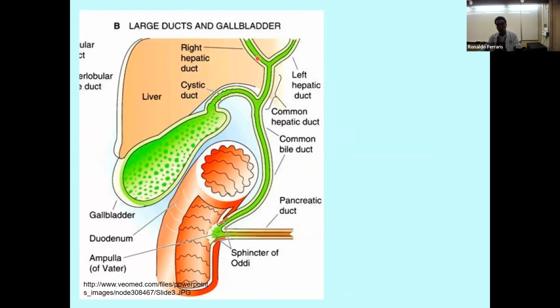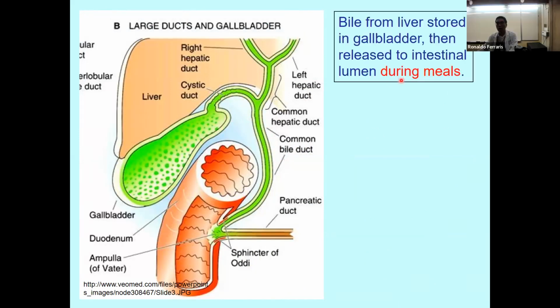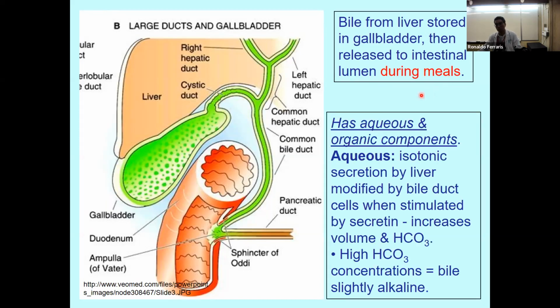So your liver is happily making bile, and that bile is stored in your gallbladder until such time when we need it. So bile right now is in the gallbladder, but is released during meals, which we will be discussing.